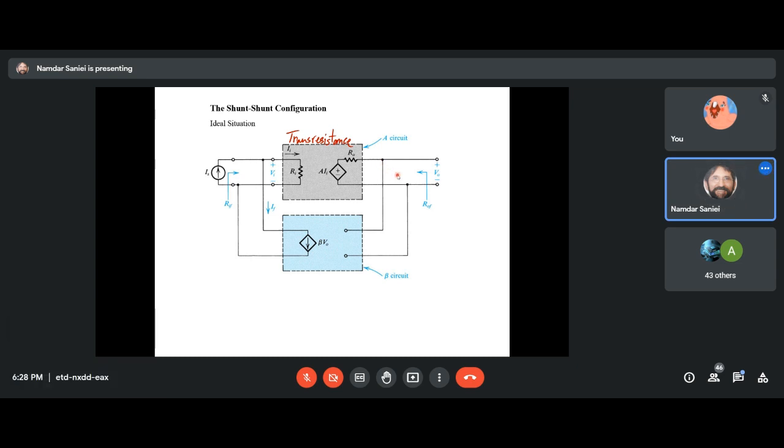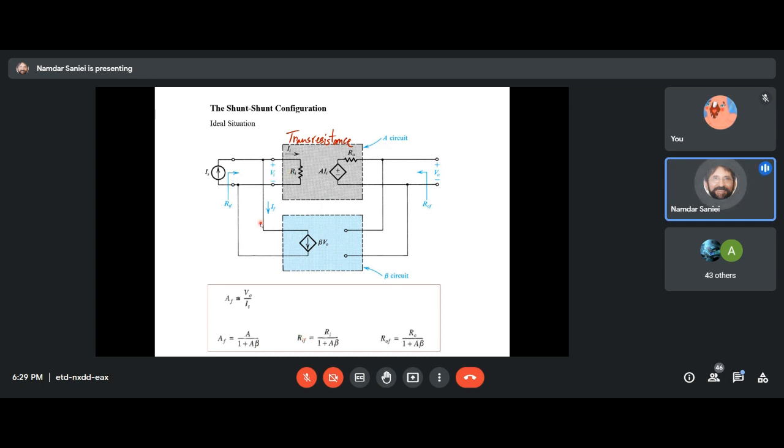Now the same formulas that we found we can apply for this gain. This gain is a voltage over a current: the voltage of the output of this circuit over the current of the input to this circuit, which is under feedback, can be found by A, which is the gain without feedback, over 1 plus A beta.